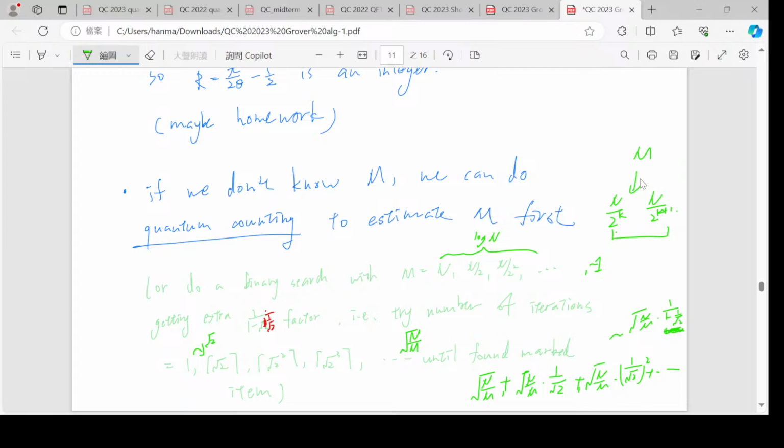The relative error to m is at most a factor of two: this one will be at most twice m, and this one will be at least m over 2, because there is only twice the difference between them.